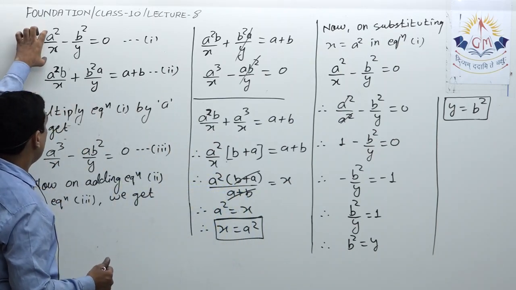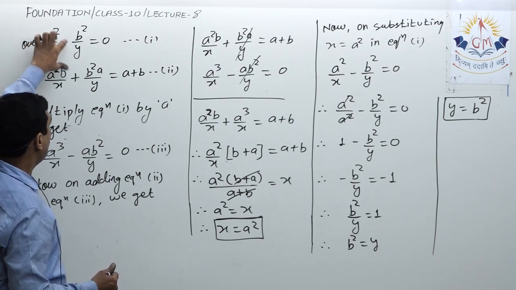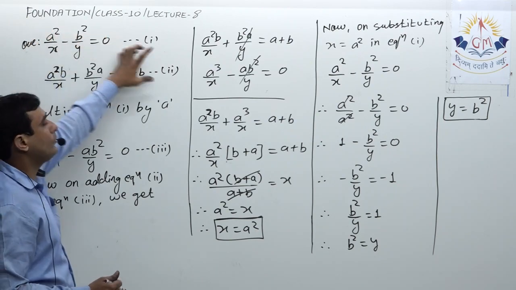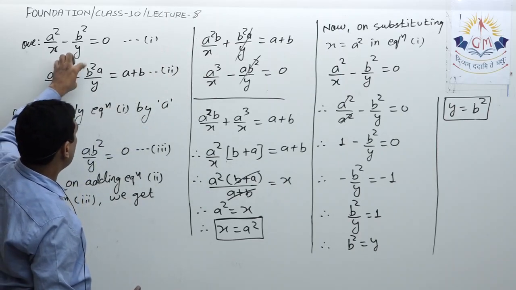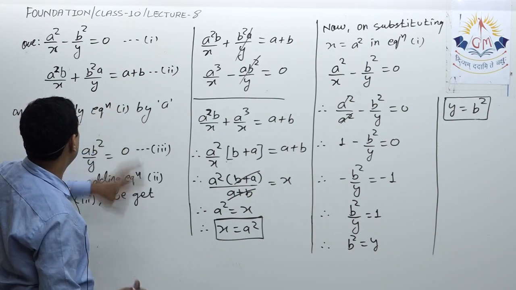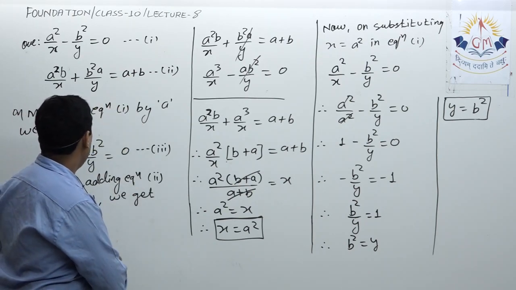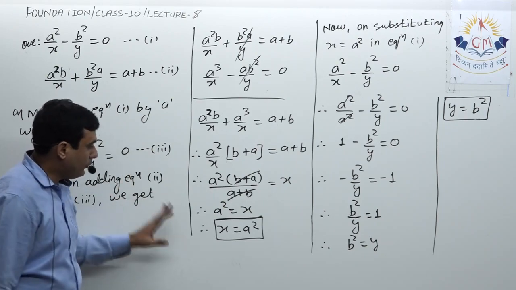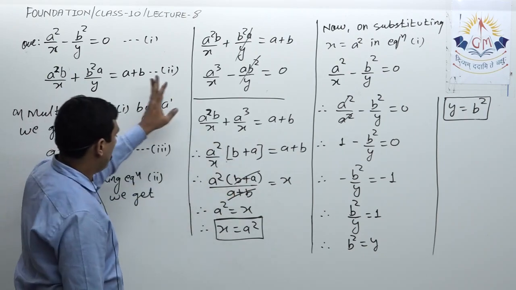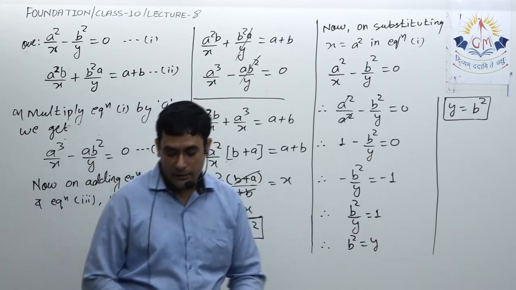Then this equation will become a square u minus b square v is equal to 0. And this a square bu plus b square a v is equal to a plus b. Okay, so without using traditional method I got the values of x and y.